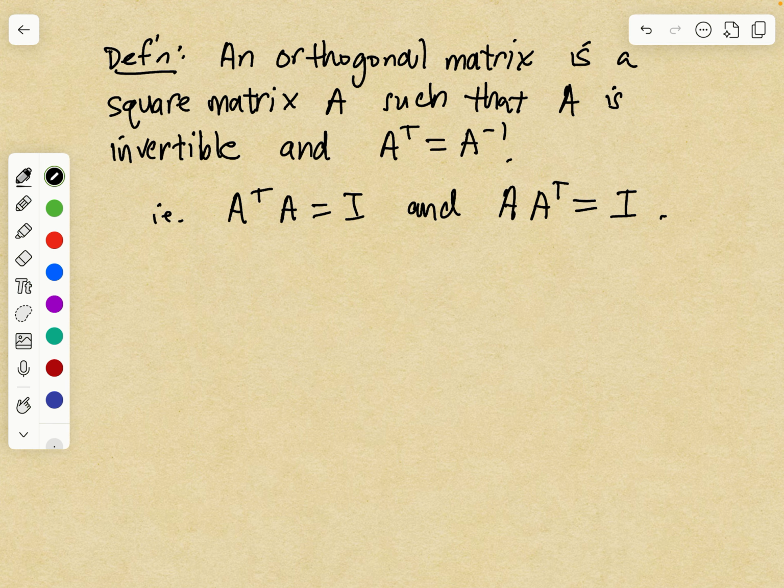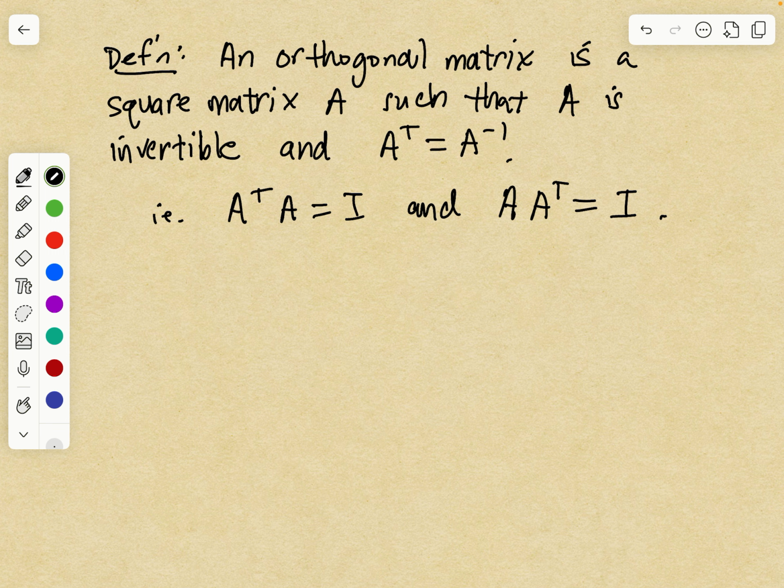And if a matrix satisfies either of these equalities, A transpose A equals the identity, or A A transpose is the identity, then it must satisfy the other one. That's a fact that we talked about before: if you have two square matrices, and you get the identity matrix in one order, then you're going to get the identity matrix in the other order.